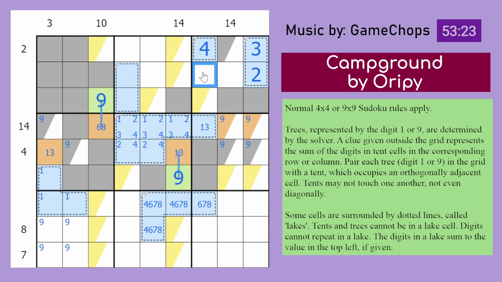If that was a tree, it would have to connect inwards. Therefore, if there were any tents here, that wouldn't work because no trees could match there. But if that was not tree, right? If that was something else, like nothing or a tent, that would work, wouldn't it? Then you could have a tree in here connecting out here, you could have a tree in here connecting outwards, and then that'd be nothing. Yeah, okay.